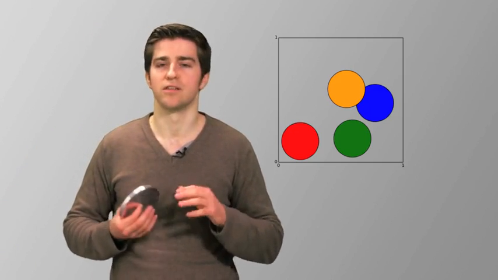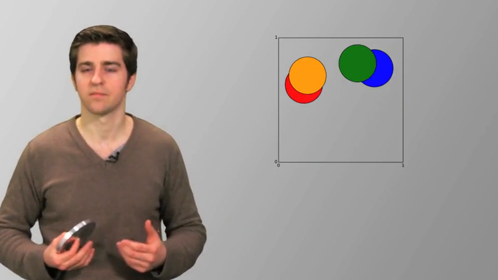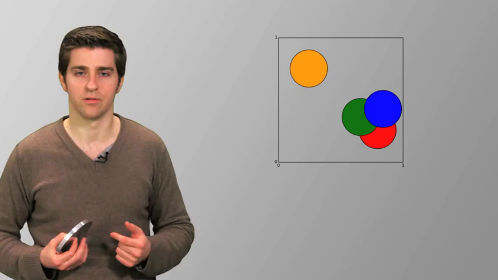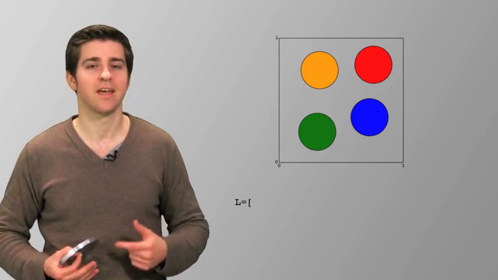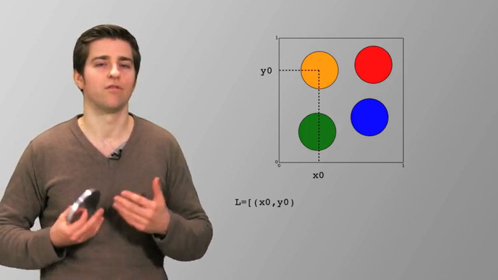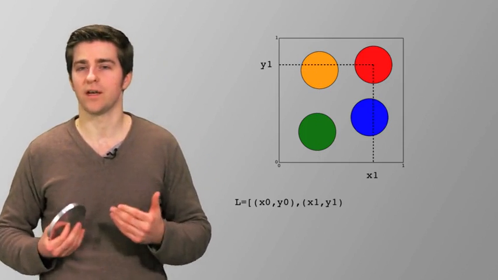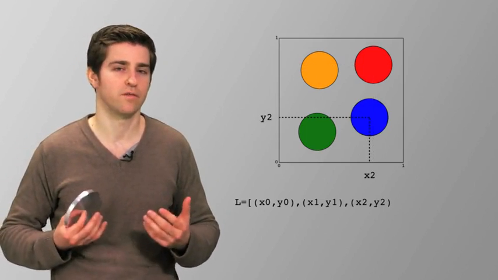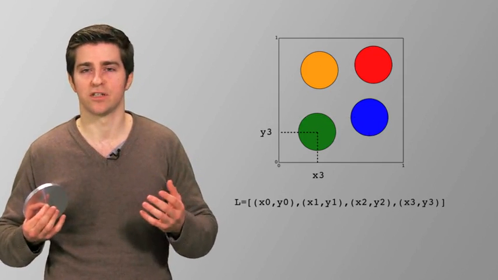Now, there is no doubt that these 4 disk configurations are uniformly distributed. In an 8-dimensional space, S, we have 2 coordinates, namely x and y, for each of the 4 hard disks. In fact, as we do not check for overlaps, each point in this 8-dimensional space is sampled with equal probability.